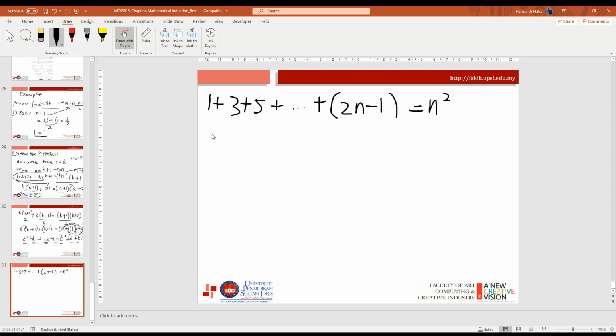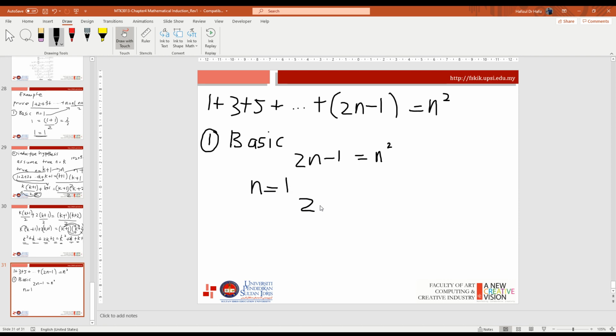Okay, so we go for the basic. Boleh ke ikut saya ni, Aisyah? Okay, we replace 2n minus 1 is equivalent to n power of 2. Okay, and then we got n equivalent to 1.